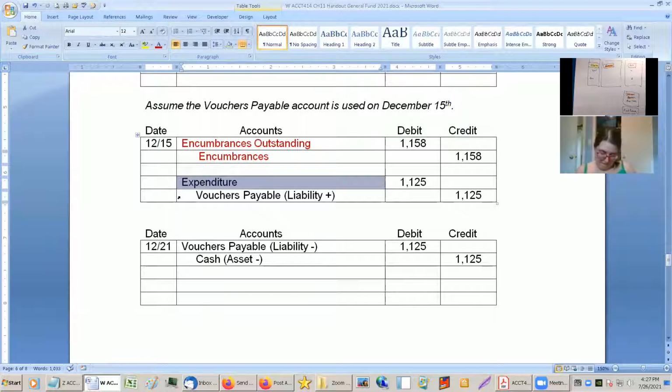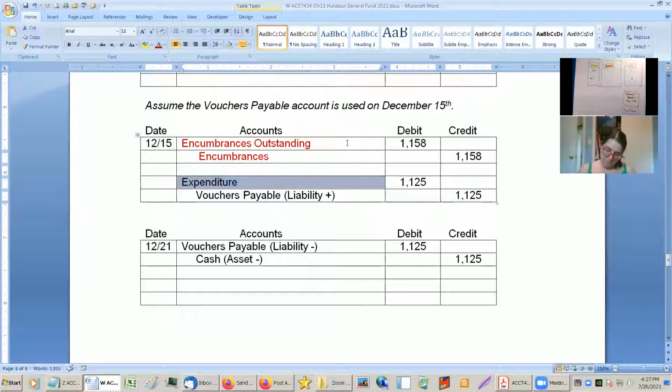But in this type of accounting, because we don't count it as an asset, it's an expenditure. It's kind of like expensing the whole thing all at once.